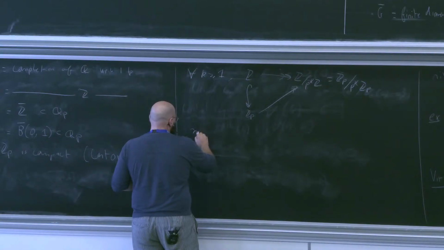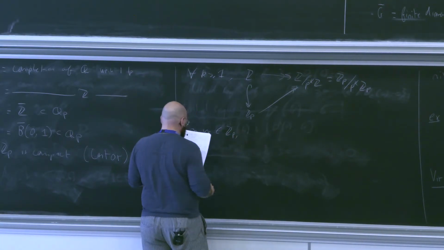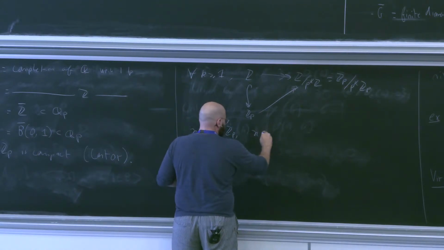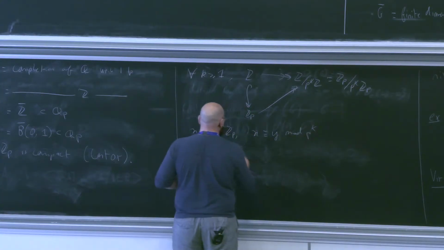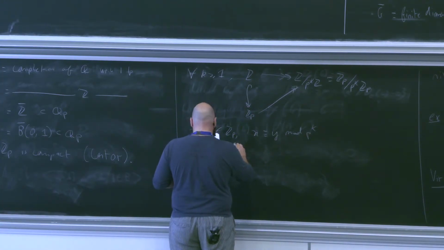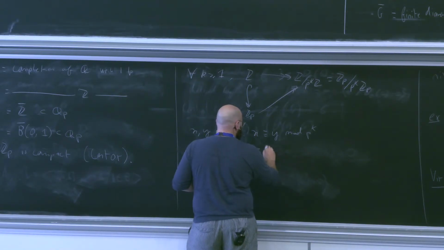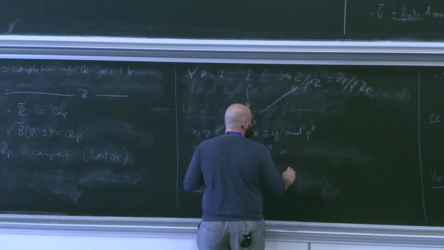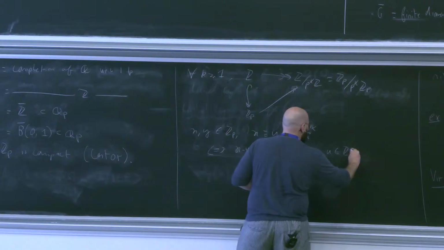If you take x, y in Zp, then x is congruent to y modulo p to the k. That is equivalent to saying that x minus y is divisible by p to the k, so it's p to the k times u, where u is in Zp.